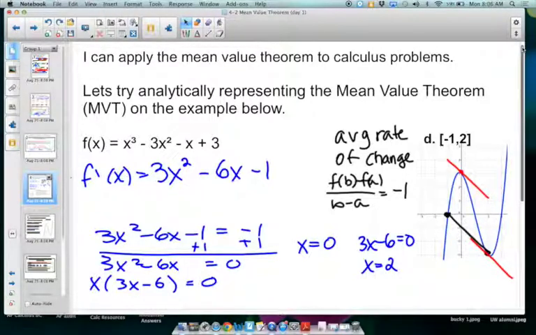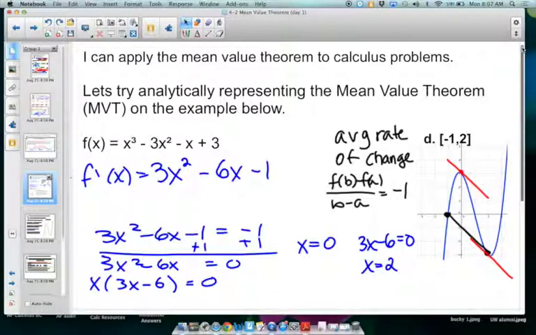So down below is kind of a physical application. It's saying, here's a position function, and we know that the average rate of change in position is called what? Velocity.